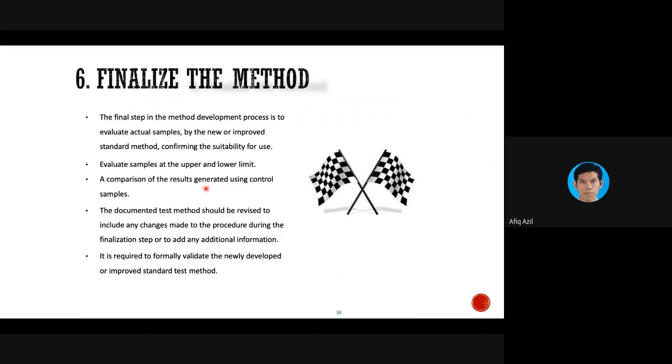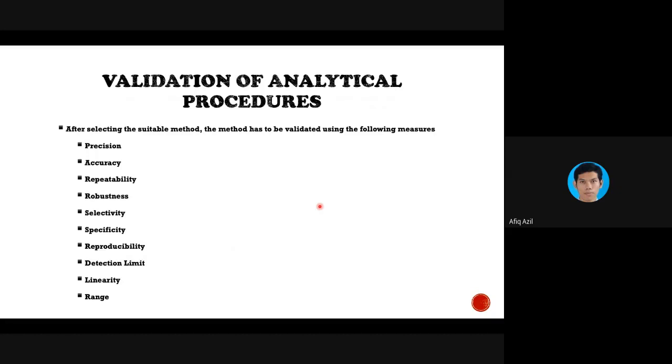Okay. So once you finalize, you need to validate. So it is required to formally validate the newly developed or improved standard test method. So that will fall under the validation.